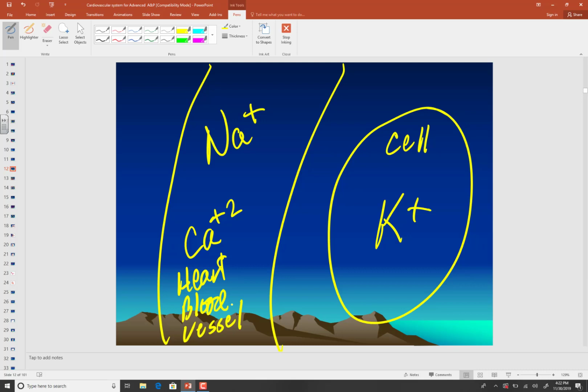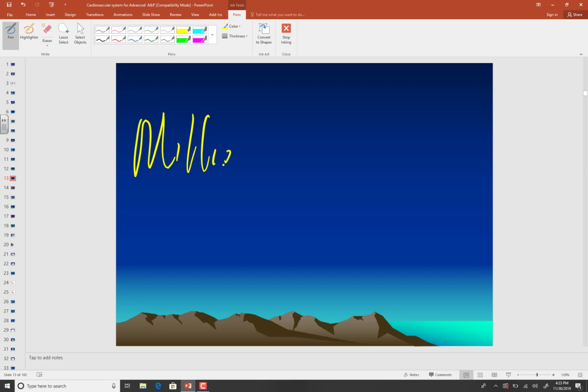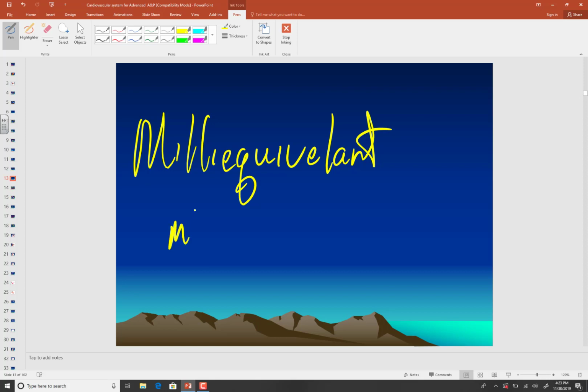And when you talk about electrolytes, there's a unit that you're going to be seeing, especially when you get into clinical and start taking doctor's orders and stuff. It's called the milliequivalent, abbreviated mEq per liter.